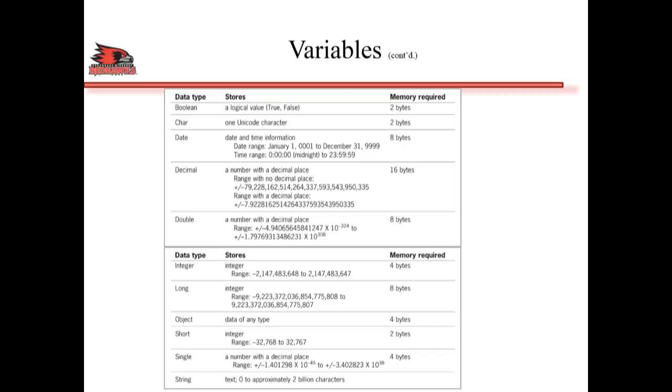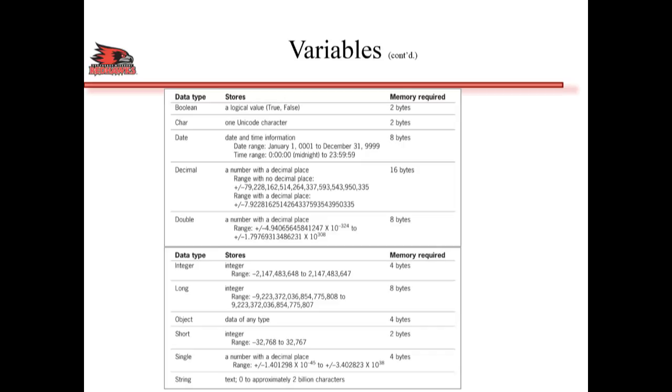However, you see that the memory required for a Boolean is actually 2 bytes, where 1 byte is 8 bits, so 2 bytes equals 16 bits. The reason is that the minimum memory location each data type has to have is 2 bytes. You can't go smaller than that for a memory location. That's the reason for this weird memory assignment.